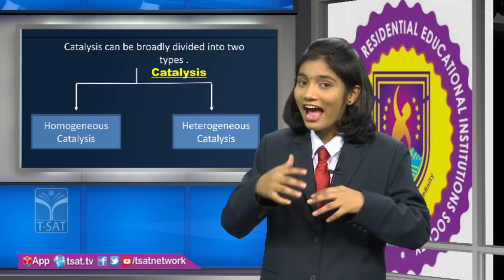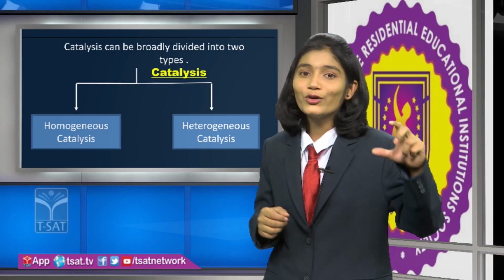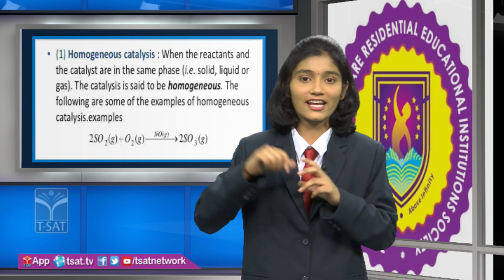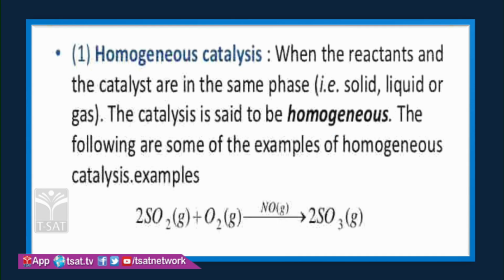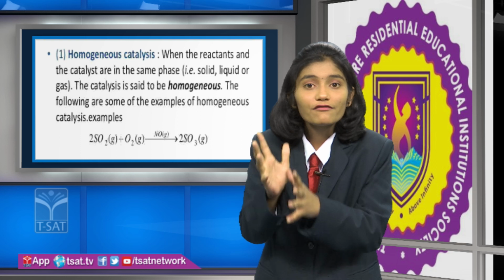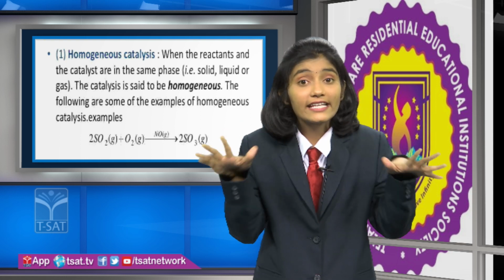Now let us have a closer look at homogeneous catalysis. Friends, are you familiar with the word homo? What does it mean? Homo means same or similar, right? Now we can define homogeneous catalysis as: in a catalytic reaction, the phase of reactants and the phase of catalyst should be the same.